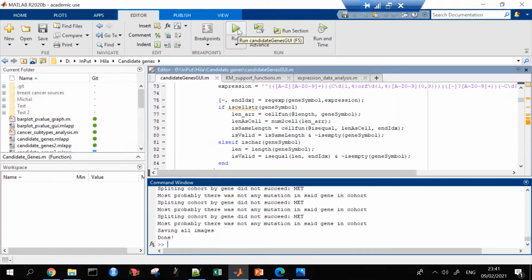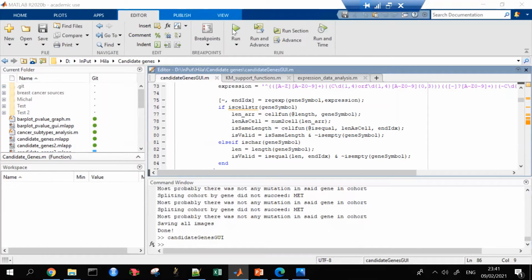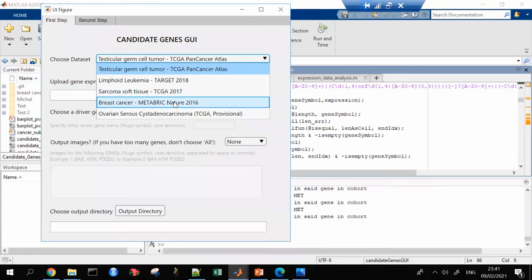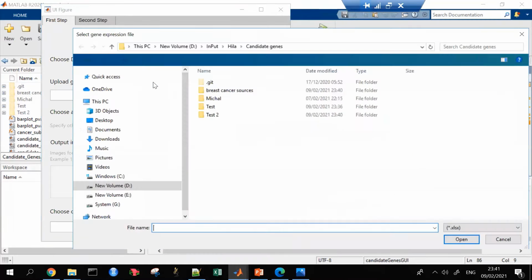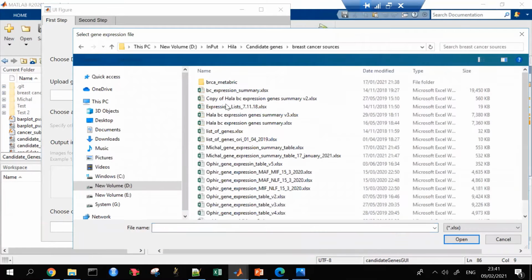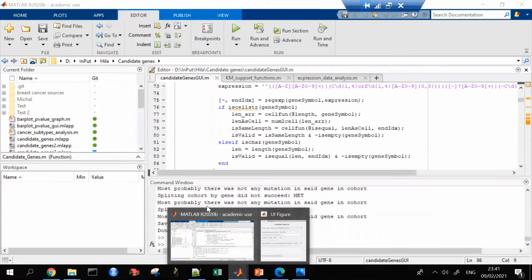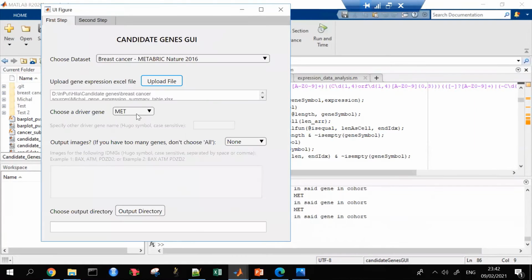Okay, so let's do that again, but this time with BRCA1 as the driver gene. So we'll choose breast cancer again, upload file. Our driver gene this time is BRCA1.